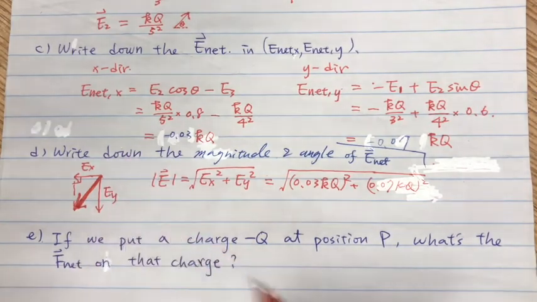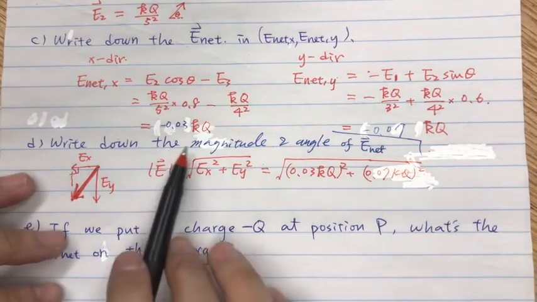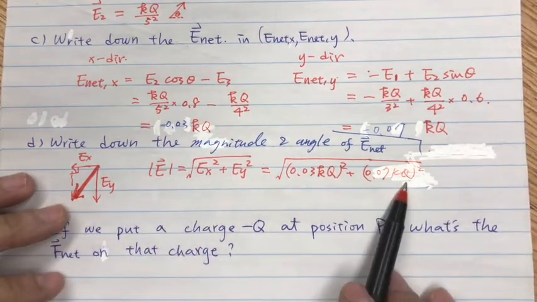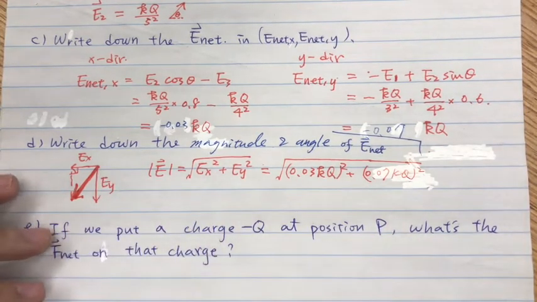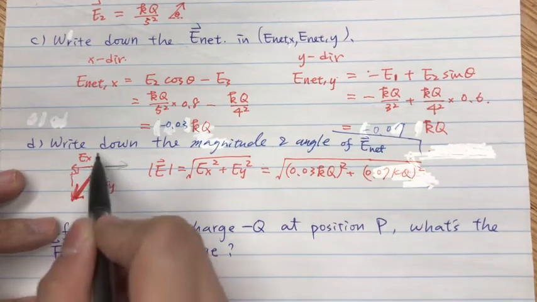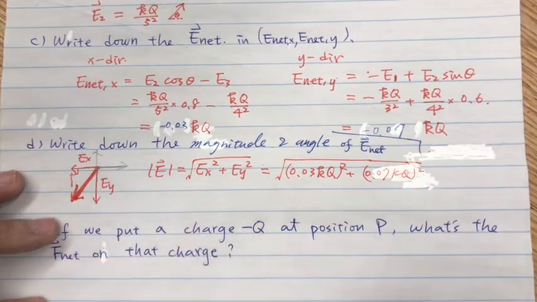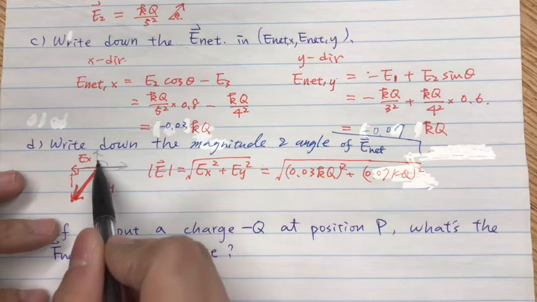And again, to indicate a vector, we need at least two pieces of information. In this kind of scenario, we have the magnitude, and we also need the angle to suggest the direction. Conventionally, because this is a coordinate system, when people talk about the angle, they mean this angle.